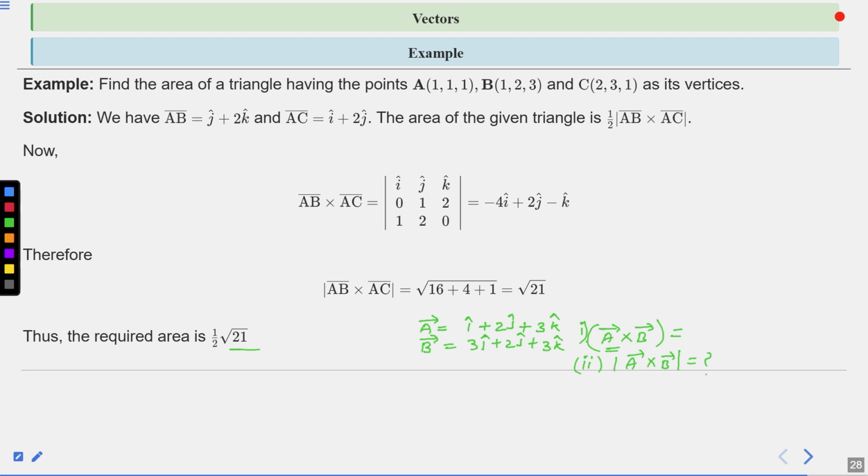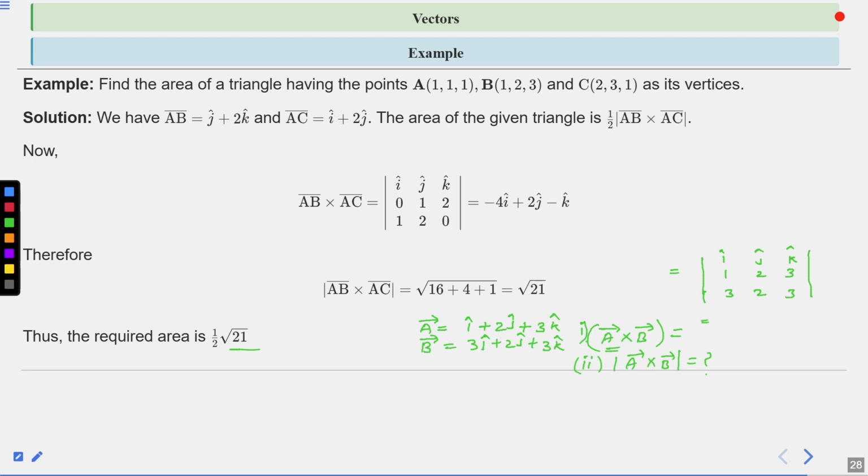Now choose determinant form. So like this, it will be i cap, j cap, k cap, and the coefficients are 1, 2 and 3. Similarly 3, 2 and 3.